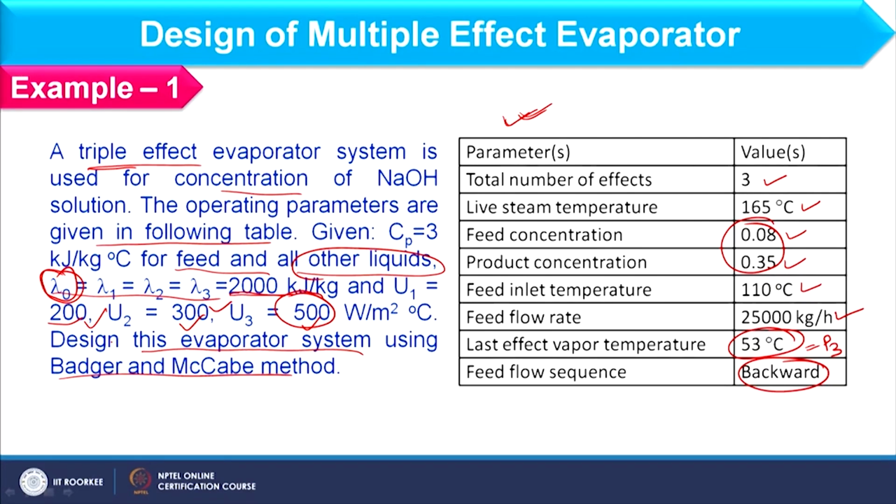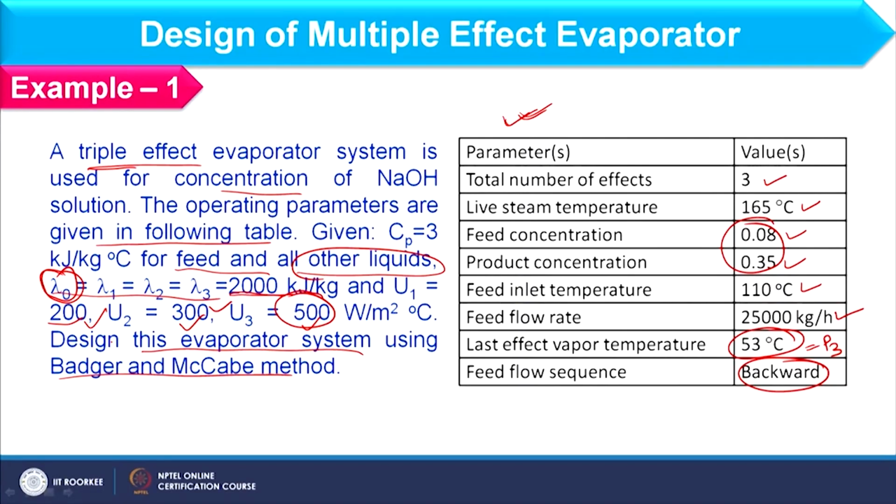When the feed is entering into the last effect, it is having the highest flow rate, and when it enters into the second effect, some amount from this feed is converted into vapor. So, whatever liquid is entering into the second effect, it is having a lower flow rate as compared to the feed, and so is the case for the first effect. In this way U1, U2, U3 will vary as per the sequence.